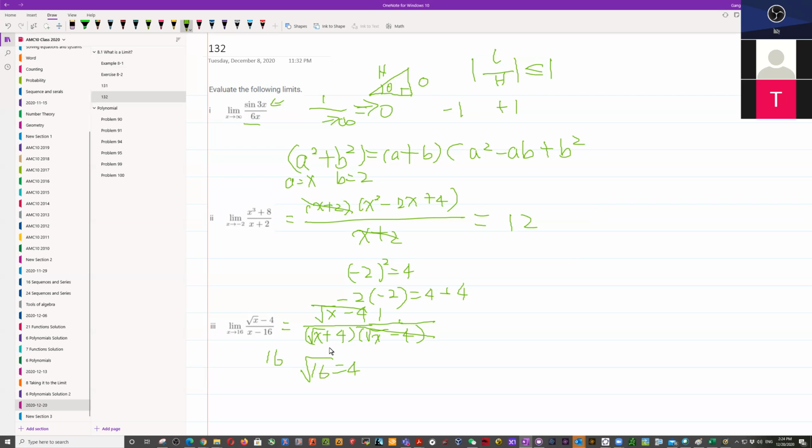There's no longer a singularity at 16. The 16 was a singularity only for this expression, because of the square root of x minus 4. So this is a way you can deal with this type of challenge. So the limit is 1 over 8.